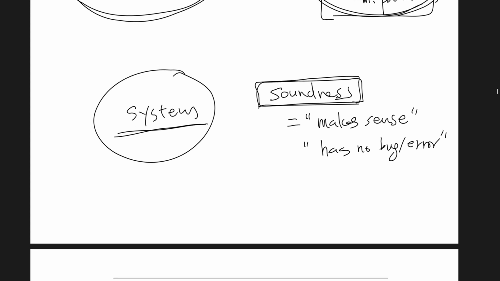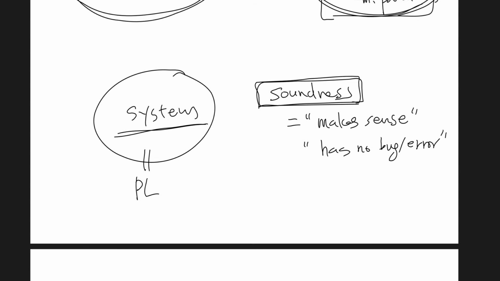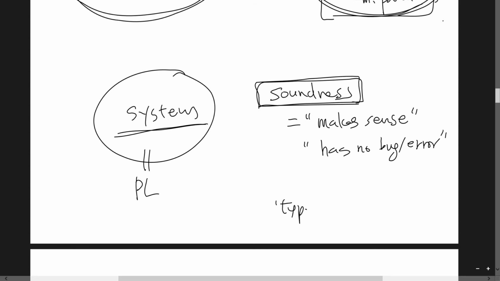So here's an example. Suppose that we have a programming language. So this is a complete specification of a programming language. In a functional programming language like OCaml, we have a soundness property called type preservation.